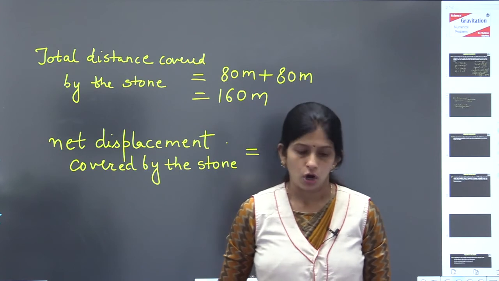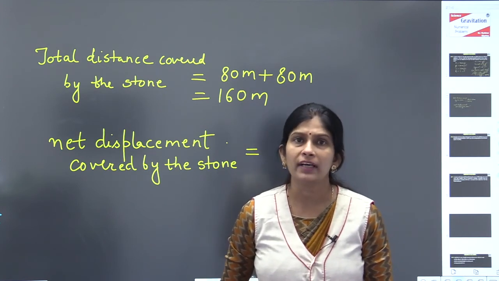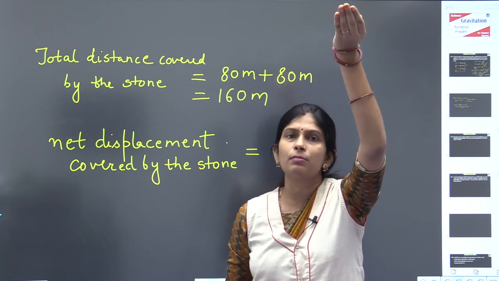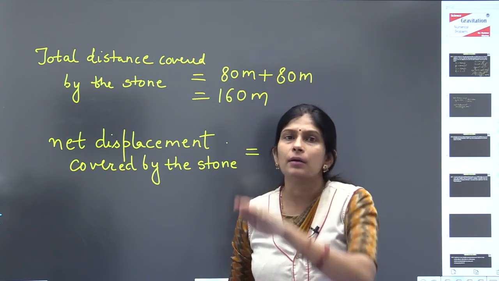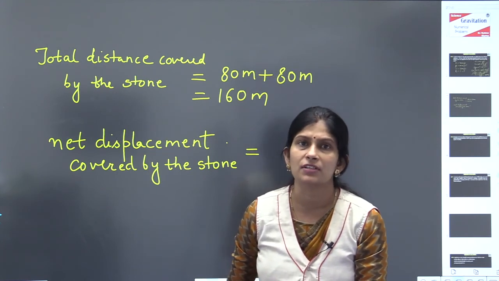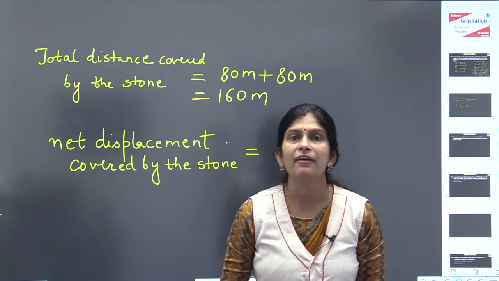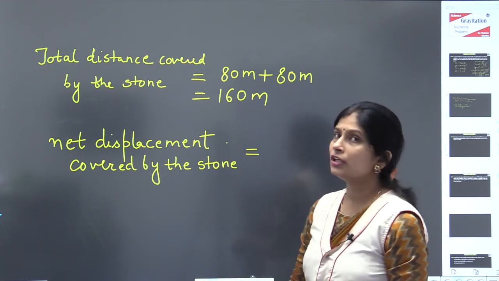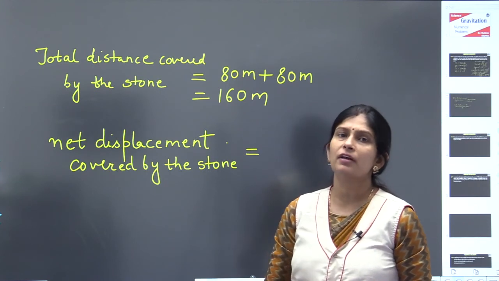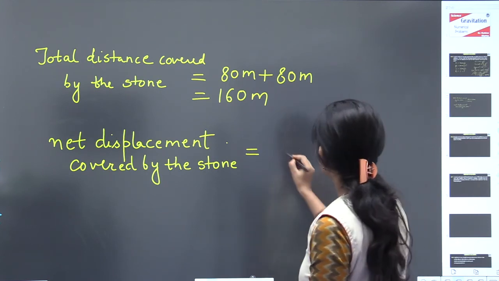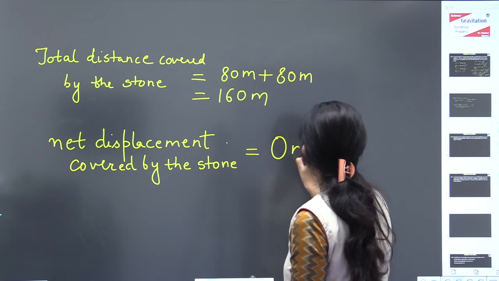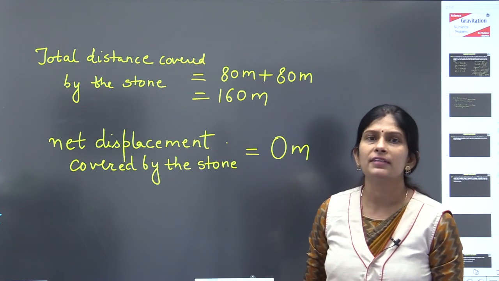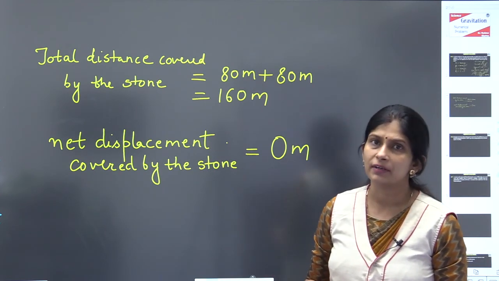Here, the object is thrown in a vertically upward direction, then it reaches a maximum height and again comes back to the ground or earth surface. So initial and final positions are the same. So the shortest distance between the same initial and final position is 0 meter. So net displacement covered by the stone is 0 meter.